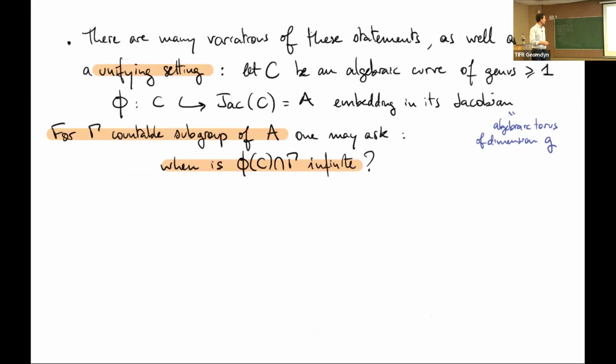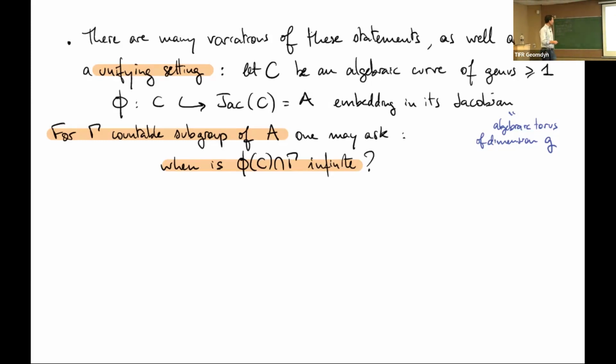So you can always embed a curve of genus at least one into a certain complex torus by this Abel map, which is a transcendental construction, integration over paths in the curve. Actually, this Abel map can be defined algebraically. So it respects the arithmetic structure of the curve, if this curve is defined over rational numbers. So the notion of algebraic point makes sense on both sides, and they correspond.